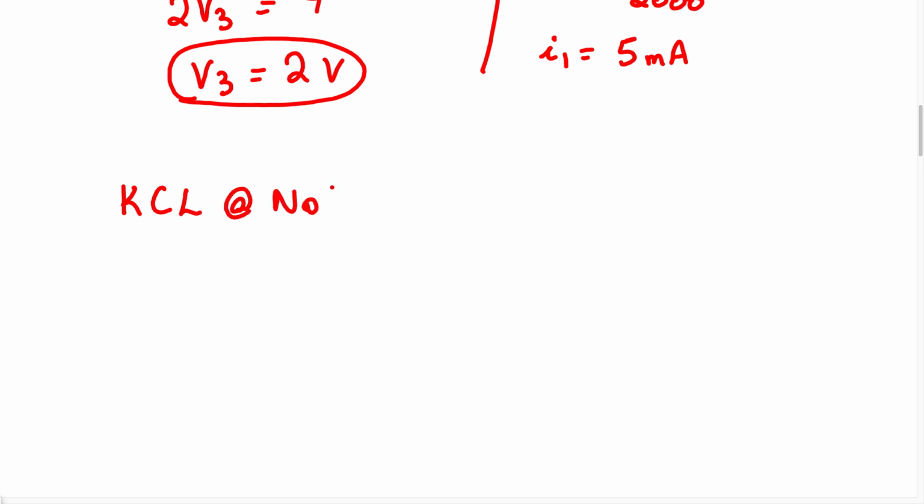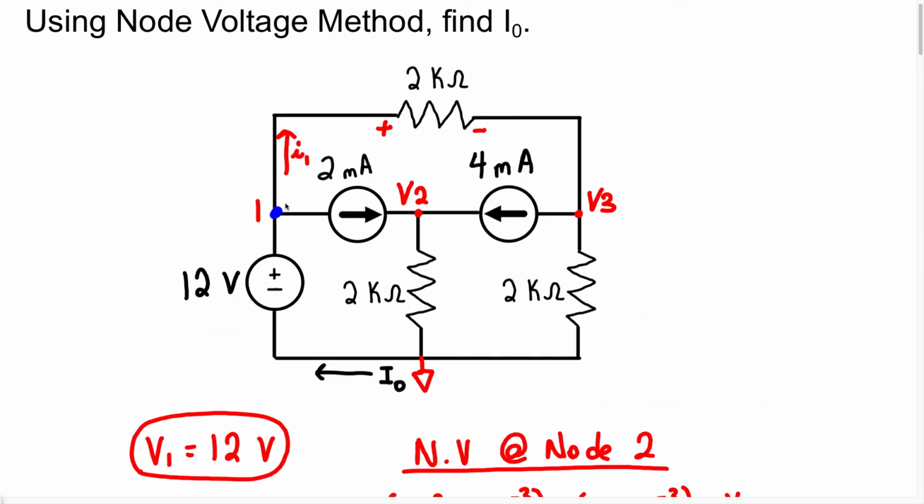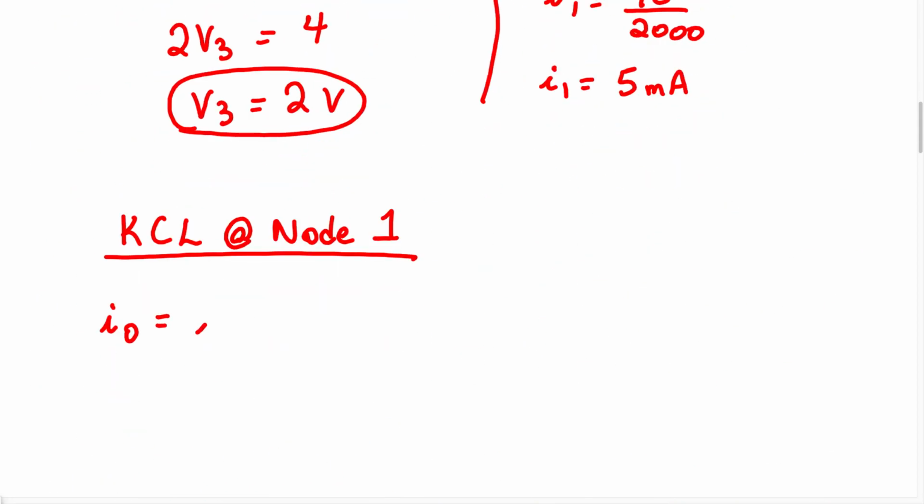We know we have I0 entering that node, and the currents leaving are going to be this current I1 and this 2 milliamp of current. So we're going to have I0 equals I1 plus 2 milliamp.